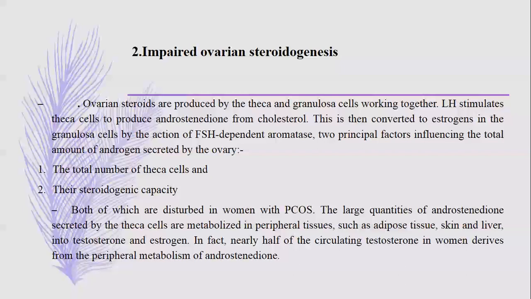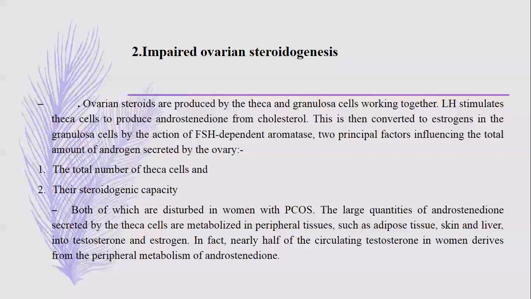the granulosa cell. We have a higher LH in this patient, which will stimulate the theca cell to convert cholesterol to androstenedione, but the FSH stays normal and affects the granulosa cell only. When the granulosa cell is stimulated, it will convert the androstenedione into estrogen, but in a limited amount, while the excess androstenedione secreted from the theca cell will be metabolized in the peripheral tissue, such as the adipose tissue, the skin, and the liver.